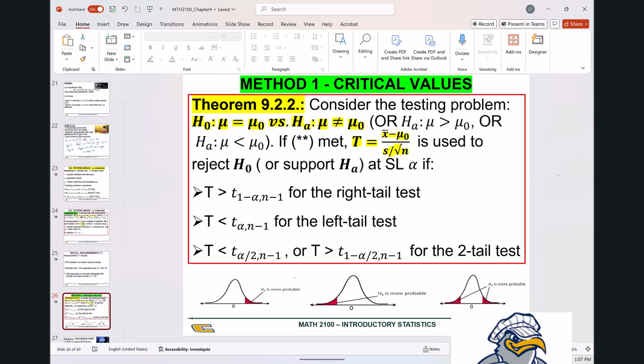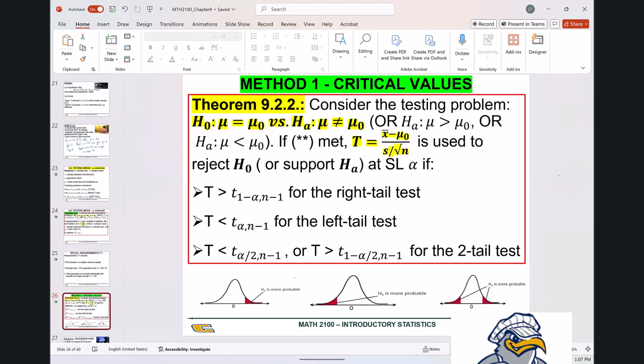If you look at the right tail test, and if your tested T here is greater than T 1 minus alpha, n minus 1, so just the inverse T at 1 minus alpha of n minus 1 degrees of freedom, then you will reject H naught.